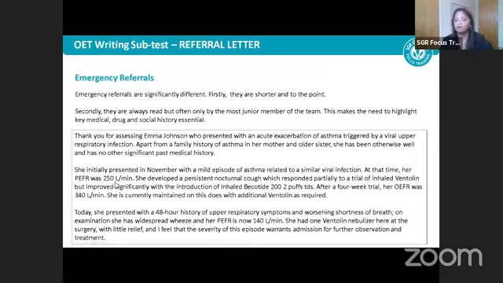What happened? What was given to her? What were the readings, etc. And then from that point on, it talks about the presentation today, 48-hour history of upper respiratory symptoms and worsening shortness of breath, and the examination details from the doctor, and then the decision making.